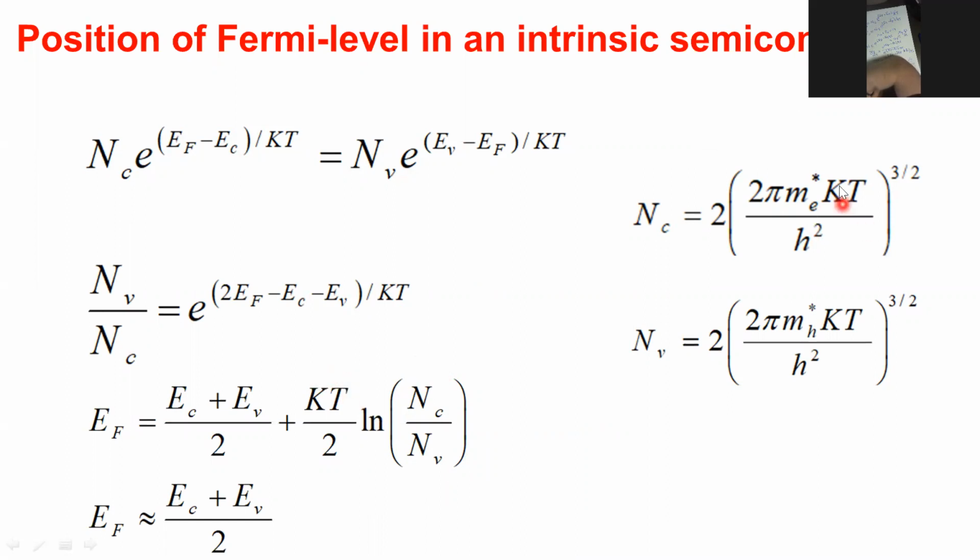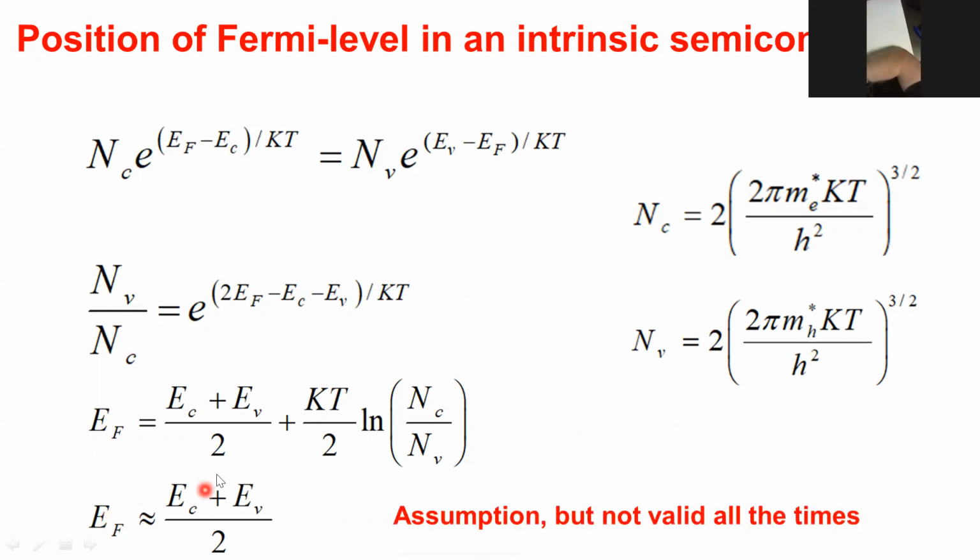We can use T as an input to determine NC and NV, and then calculate this parameter. So at room temperature, we can ignore the effect of these two, and we can simply say that the Fermi level is located in the middle of the energy gap between the conduction band and the valence band.